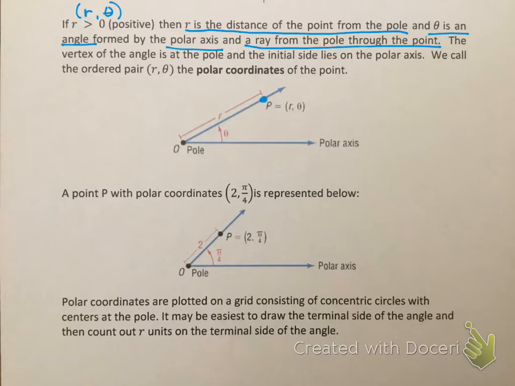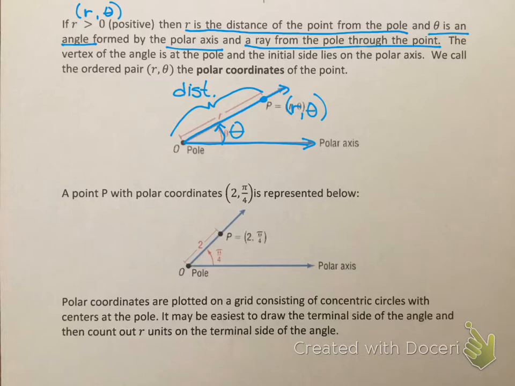So if here's my point P, and here are its coordinates r, theta, r is this distance, and theta is this angle measured from the polar axis to the ray that contains the point.